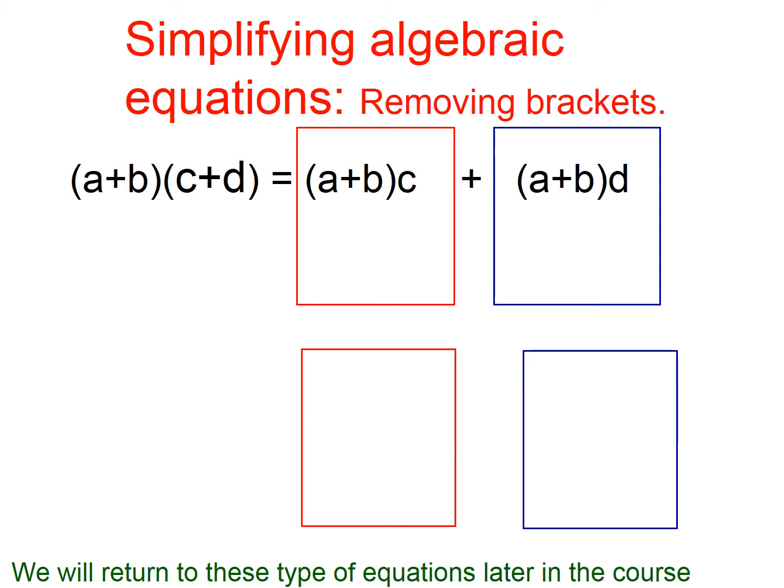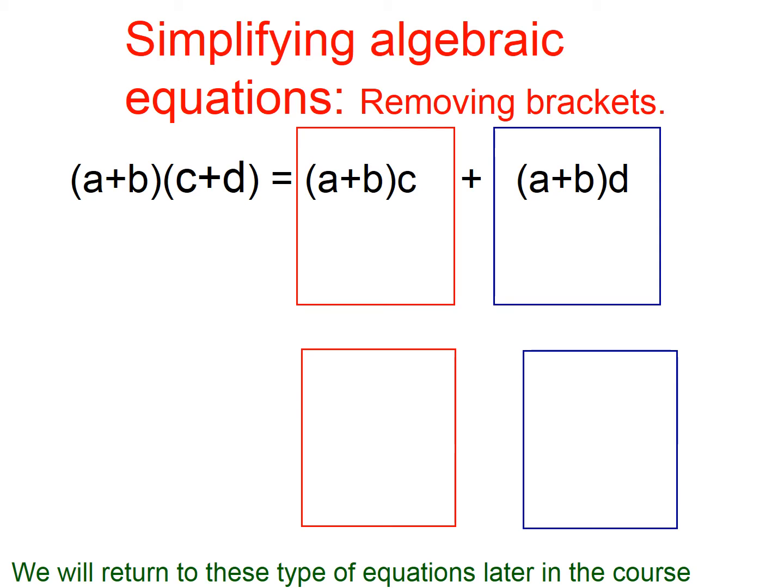Moving on from that simple example where you just have one thing outside the bracket, we now have two brackets multiplied together. So this is basically all of this times all of this. Once again, if this was just AB in a bracket and CD in a bracket, that would just be AB times CD.